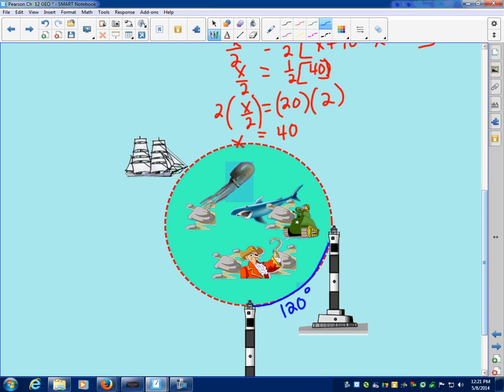If I drew my inscribed angle, this goes back to our Geometer's Sketchpad idea. If I go from my central angle to my inscribed angle, and I take this central angle, which was right here, and I pull it out here, what happens to this angle in relationship to where it was? Does it get smaller or bigger? Smaller, right? So if this is 120 right here, what would this be according to my inscribed angle theorem from last time? 60 degrees.